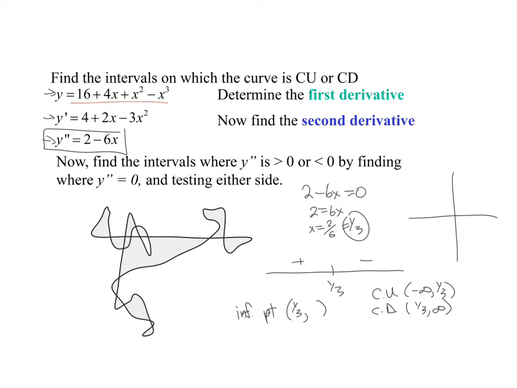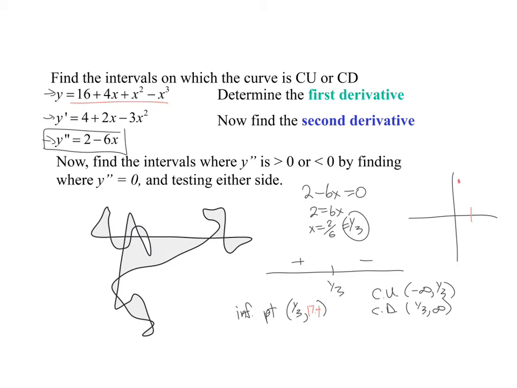So if we put in 16 plus 4/3 plus 1/9 minus 1/27. So I'm getting approximately 17.4. So we know just from that, we have a pretty good idea of what's going on. So we have our inflection point at 1/3 and 17, so way up there.